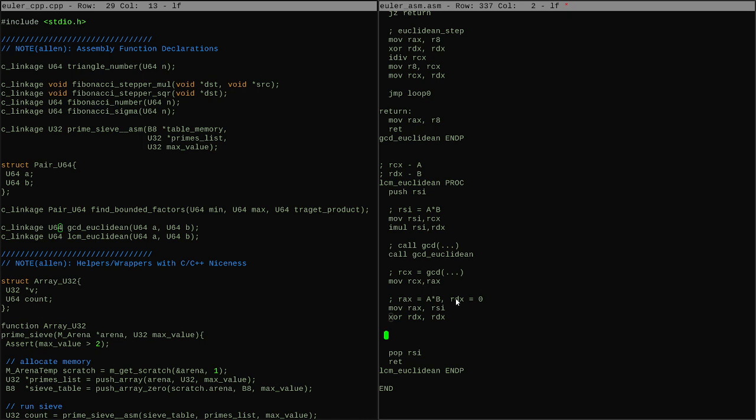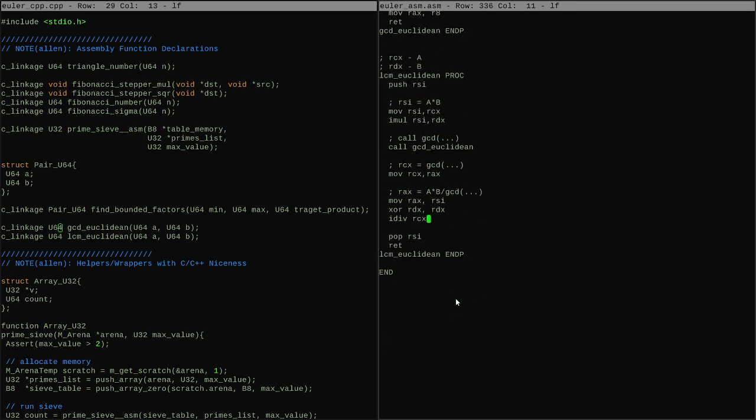That way I can do this, right? I div that by R6. So R6 goes here. A times B goes here. RDX 0 goes in the high bits there. We do the divide, and now what do I get? Well, RAX now contains the result, and I return it.